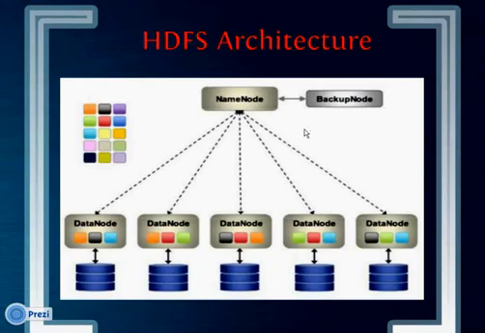In Hadoop terminology, the master machine is known as name node and the slave machine is known as data node. So only the names are different, the remaining things are the same.